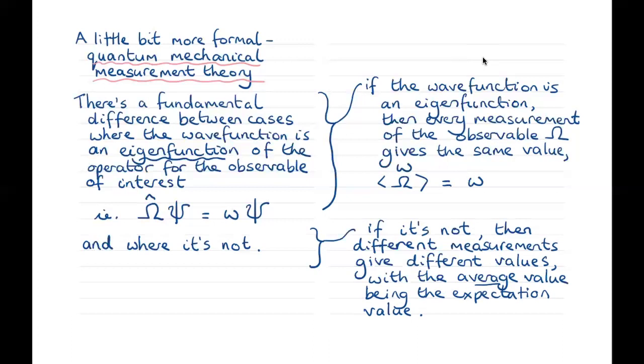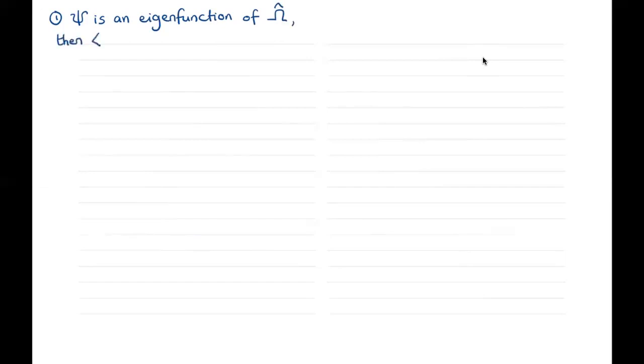So the very last thing I want to do then is just to look at these two cases mathematically. So let's take the simple case first, that the wave function is an eigenfunction of the operator corresponding to the observable that we're interested in. Then the expectation value of this observable is equal to the integral of psi star omega psi over all space.